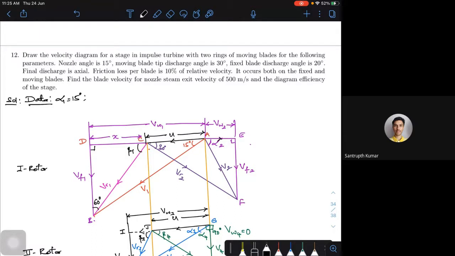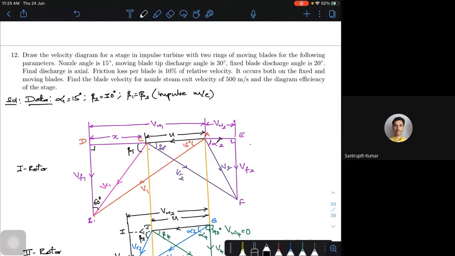Hub is the inlet, tip is the exit. So it is beta 2. Beta 2 is equal to 30 degrees. Now, this being an impulse machine, therefore your beta 1 will be equal to beta 2. Let me write that. It is for the impulse machine, first stage.